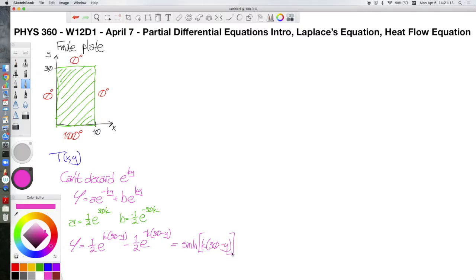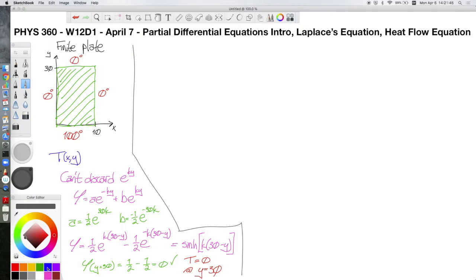So if you plug in y equals 30 here, you get exactly what you expect. Both of the exponentials are e to the 0, so we end up with 1/2 minus 1/2 equals 0. So we have satisfied our boundary condition that T has to equal 0 degrees at y equals 30.